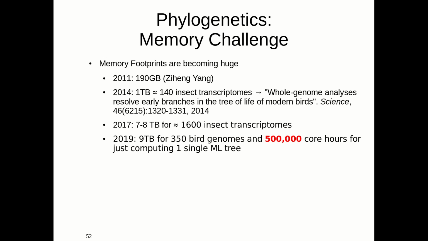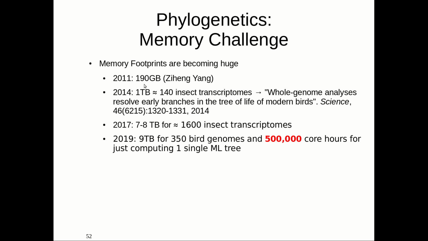Now, talking about phylogenetics, here are some memory challenges. If you think about supermatrix approaches, where we just concatenate the genes of the species we study, it's maybe not the only way to do it, but the memory footprints for those data sets are becoming huge. Here's a little history of how large they've become.